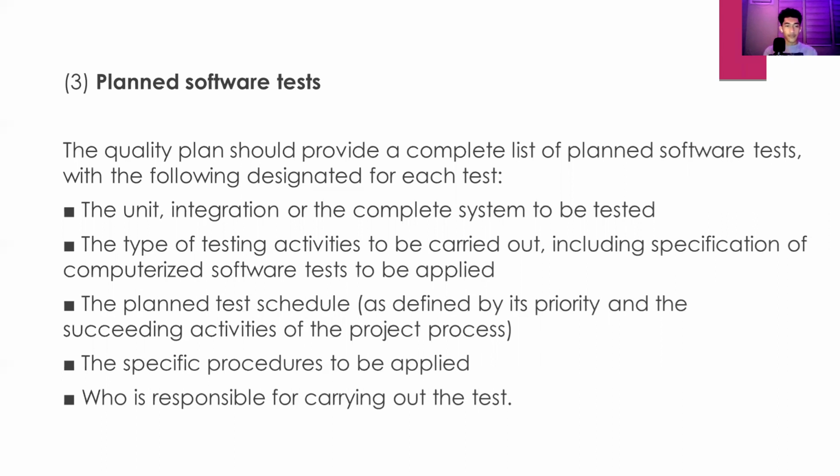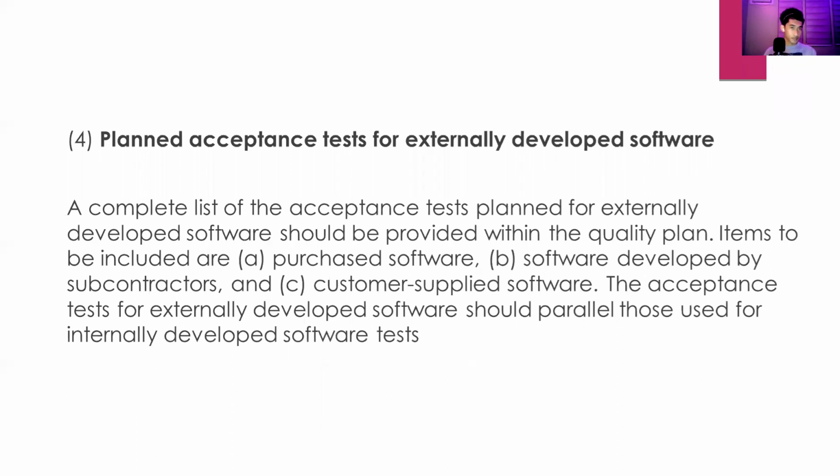Fourth, the specific procedures to be applied. And lastly, who is responsible for carrying out the test? Fourth, planned acceptance tests for externally developed software. A complete list of the acceptance test plan for externally developed software should be provided within the quality plan.